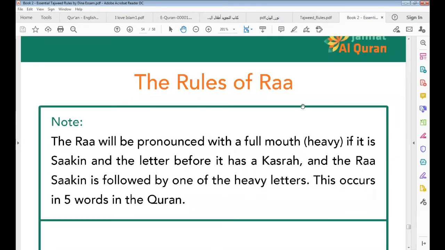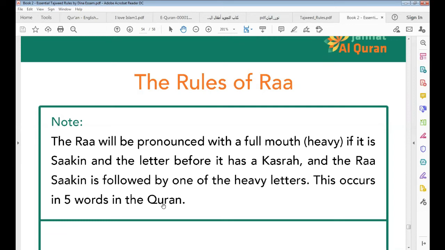So the rules of ra. The ra will be pronounced with a full mouth, heavy, if it's sakin and the letter before it has a kasra, and the ra sakin is followed by one of the heavy letters. This occurs in 5 words of the Quran. So this is a note.